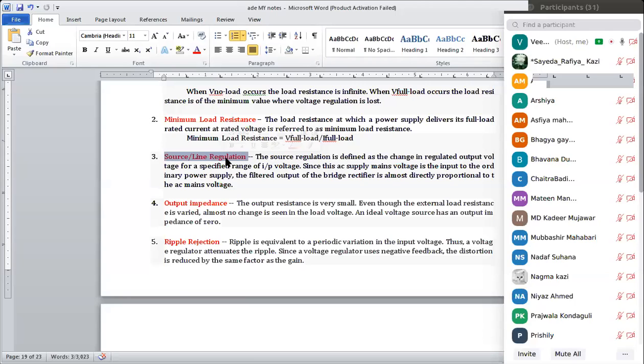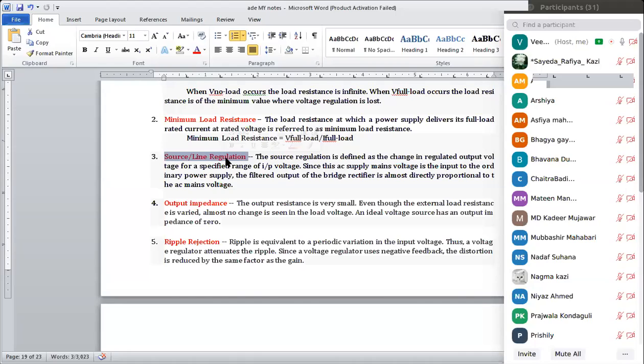Understand this: the line regulation is defined as the change in the regulated output voltage for a specified range of input voltage. See, the input voltage is AC, and the output voltage is DC. Now I have set it for 5 volts. Continuously I should get 5 volts.